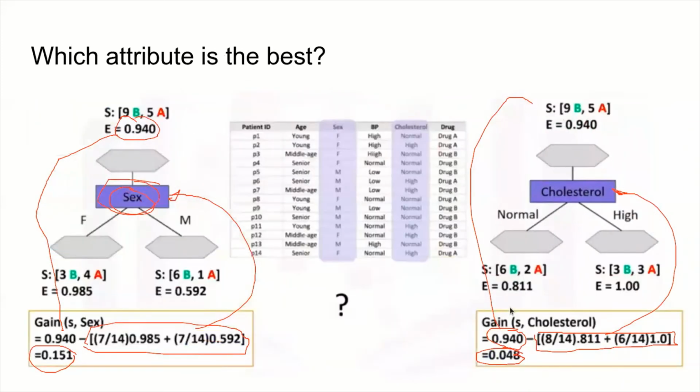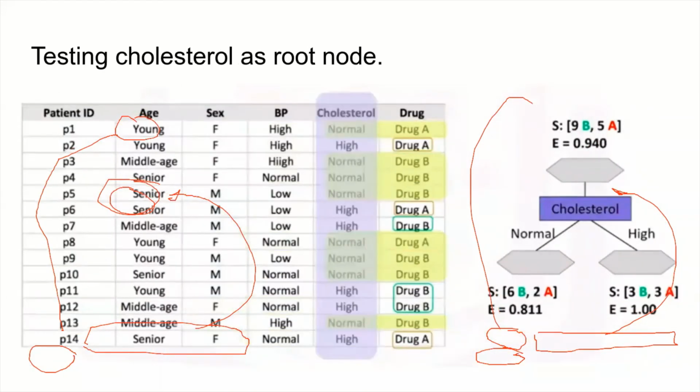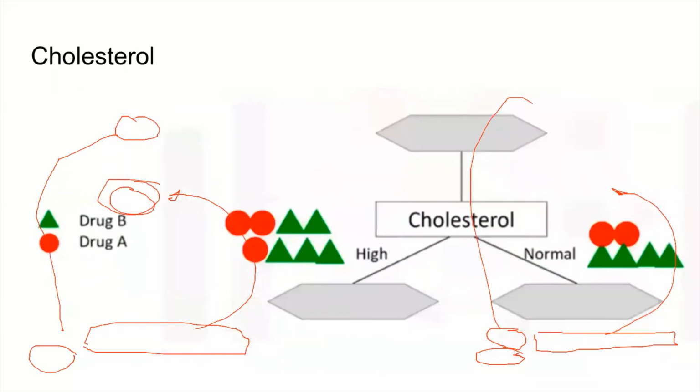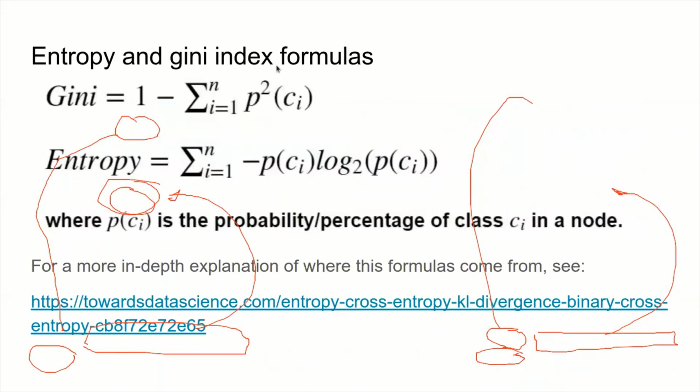So that's it. It can also be done with the Gini index. The Gini index is the same process. It's just a function that changes. The Gini index formula is this one. And remember, it's 1 minus the sum of the squared probabilities of each class.